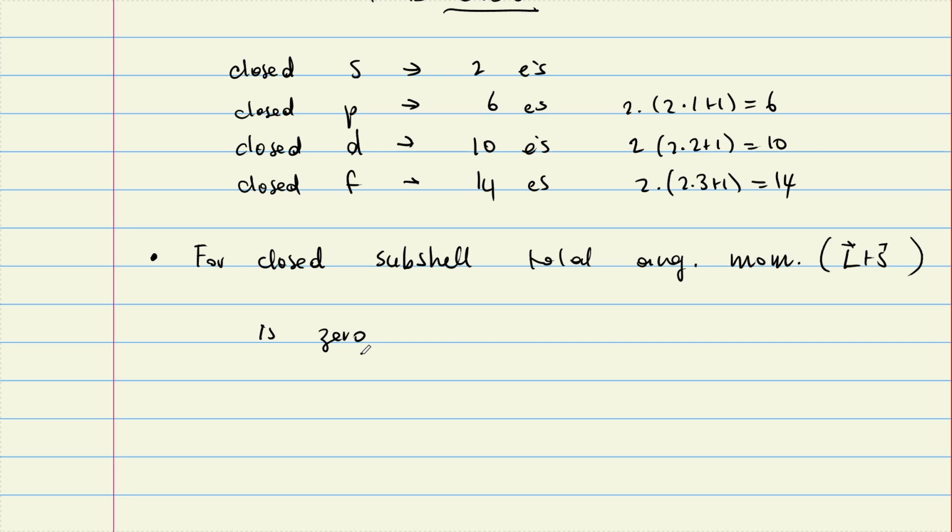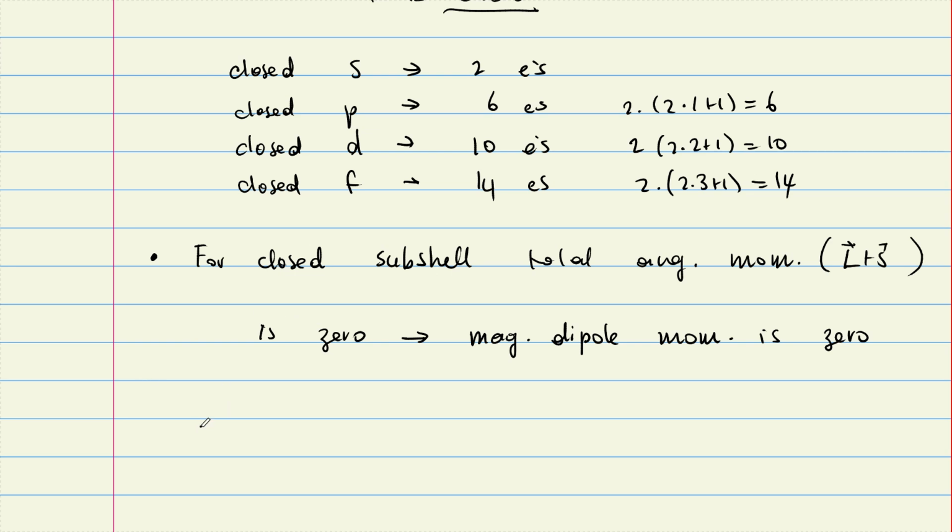So a closed subshell has 0 total angular momentum. And if the angular momentum is 0, then this means the contribution to total magnetic dipole moment is also 0, because by gyromagnetic ratio they are related. If the magnetic dipole moment is 0, then atoms with these closed subshells are not going to see anything else, right?